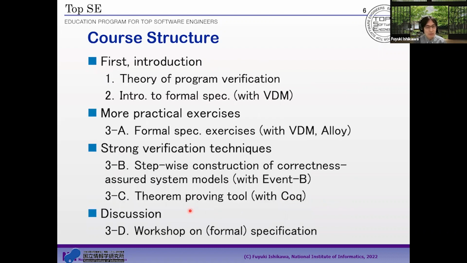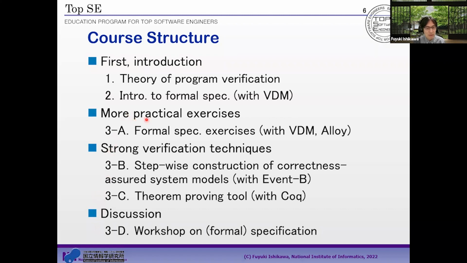And we provide the course structure to learn this. Actually, this kind of technique is new to many people who did not learn computer science in the university. That is typical. So we start with the mathematical theory of program verification, and we use actually the simplest language, VDM, to make an introduction to the formal specification techniques. Then students can choose different lecture classes.